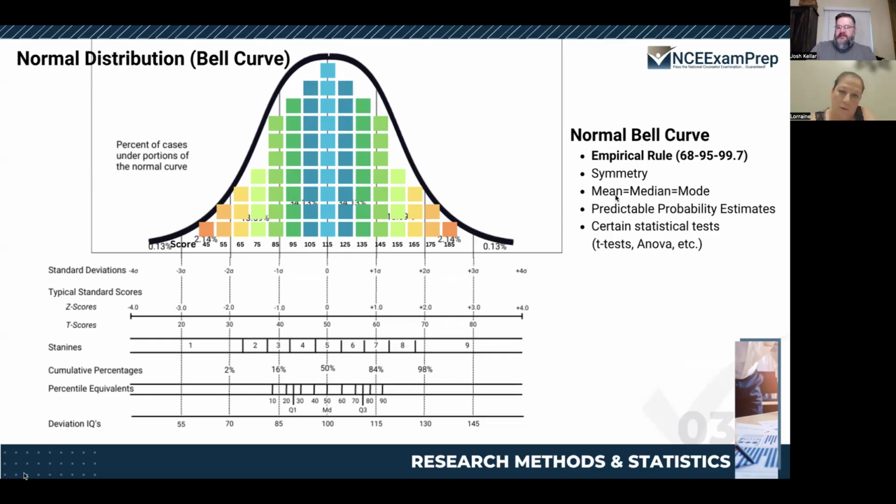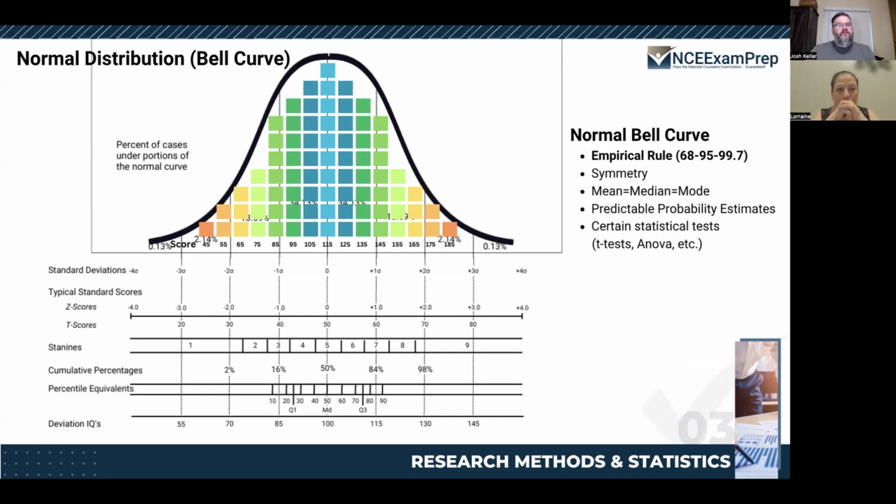curve, the mean average is the exact same as the median average, is the exact same as the mode average. We're going to unpack that in a little bit. The reason that a normal distribution is helpful is that we can come up with predictable probability estimates. If there's a normal distribution, we can predict what might happen on future versions of these tests.